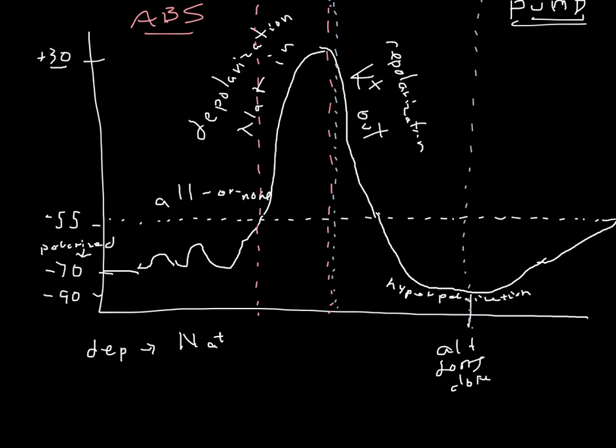And potassium is flooding out, which is working against what you're trying to do with the sodium. So this creates the relative refractory period in which the cell membrane can be triggered to initiate another action potential, but it's harder to do so because of the movement of the potassium.